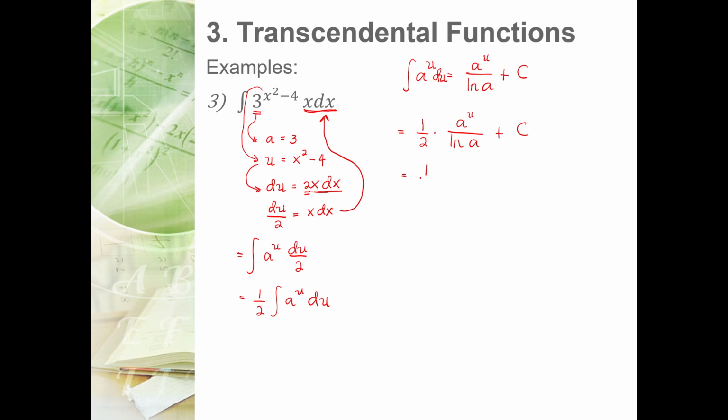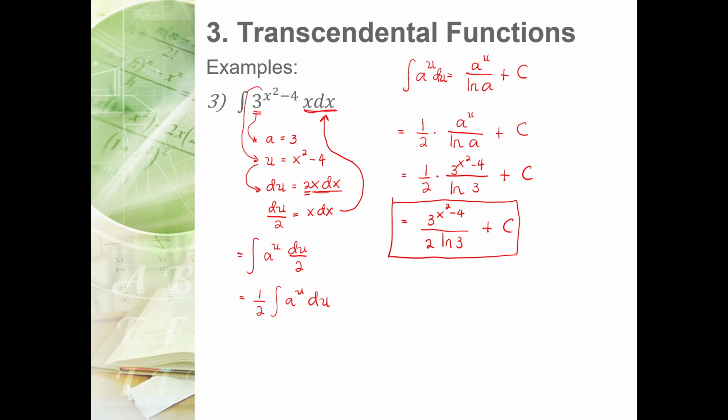So bringing back the value of your a and u, that's 3 to the power of x squared minus 4 all over ln of 3 plus c. So the final answer is 3 raised to x squared minus 4 all over 2 ln 3 plus c. So this is your final answer.